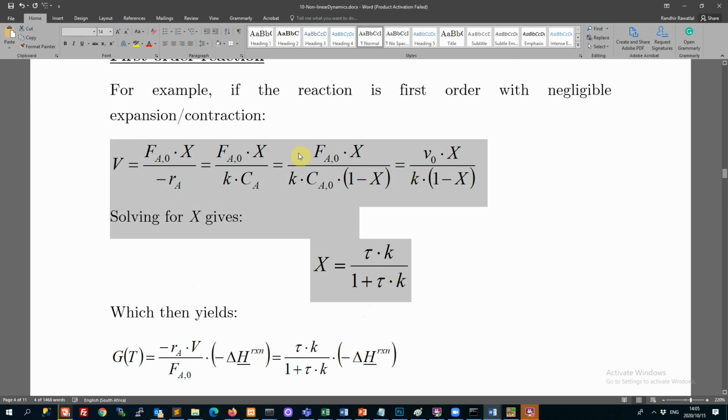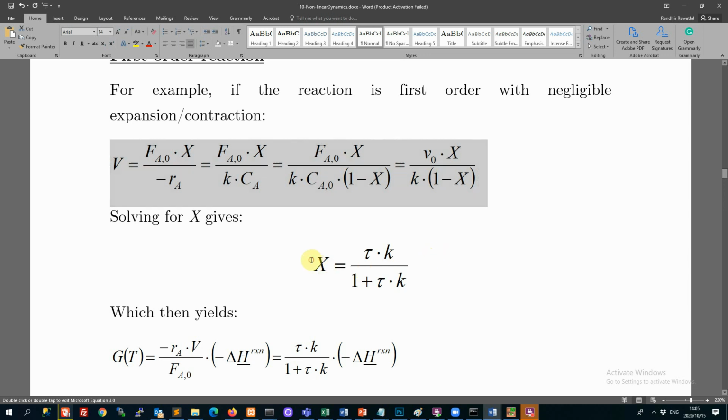By the way, here I think I said it wrong. FA naught equals CA naught times Q. Here I'm writing it as V naught, but this is a Q. So FA naught equals CA naught times Q, and the CA naughts cancel, and then you're left with the Q there. So if you say V over Q and then multiply by the K, then you get what we said.